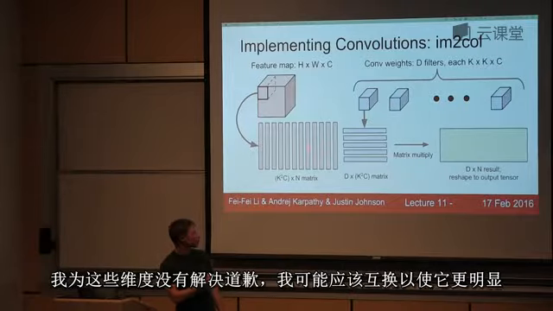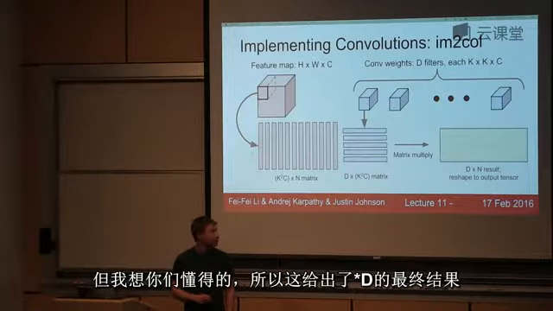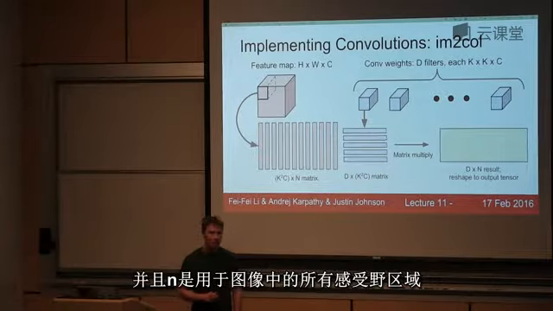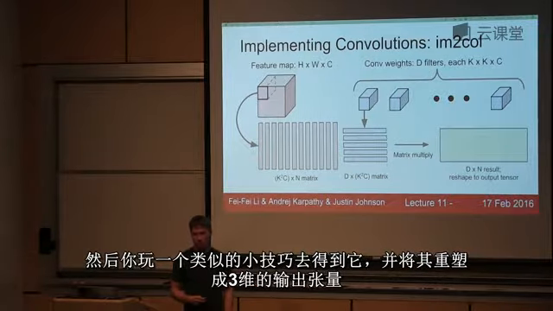I probably should have swapped these two to make it more obvious, but I think you get the idea. So this gives you a D by N result. That D is our number of output filters, and that N is for all the receptive field locations in the image. So then you play a similar trick to take this and reshape it into your 3D output tensor.